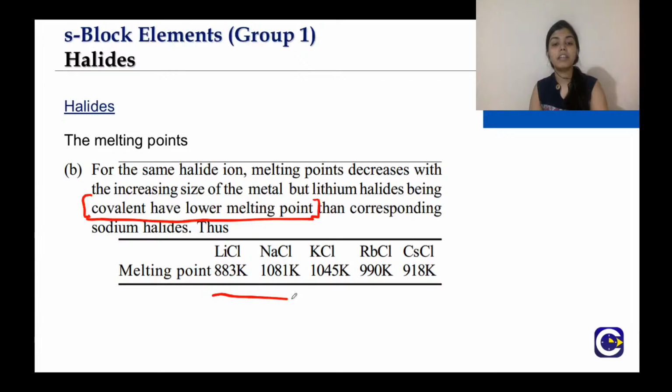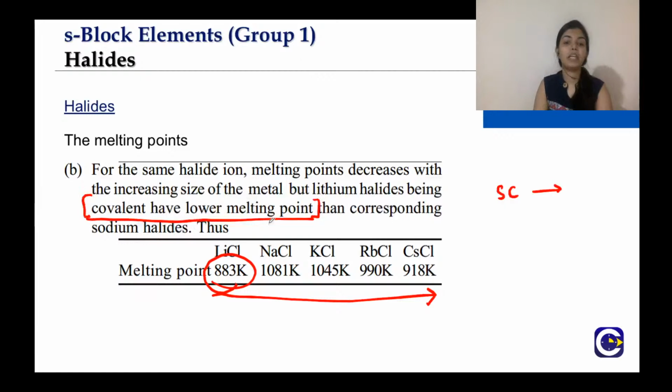So covalent character decreases down the group if the halogen is same and the metal is different. So lithium chloride will be more covalent in nature, therefore it has a low melting point. And as we move down the group, because covalent character decreases, the melting point will also increase.